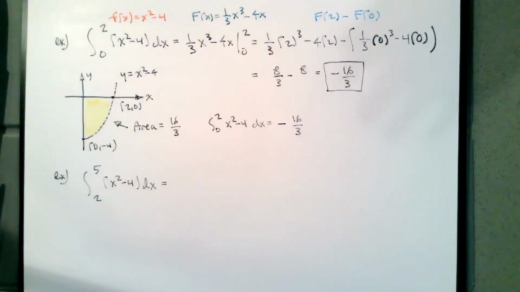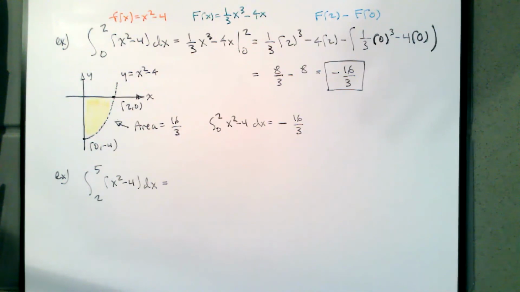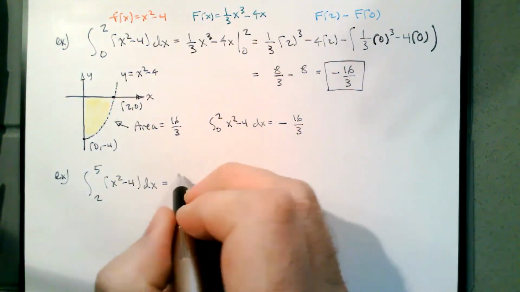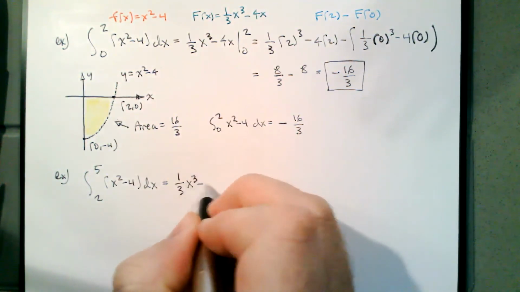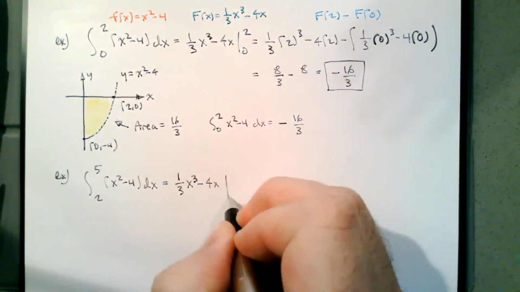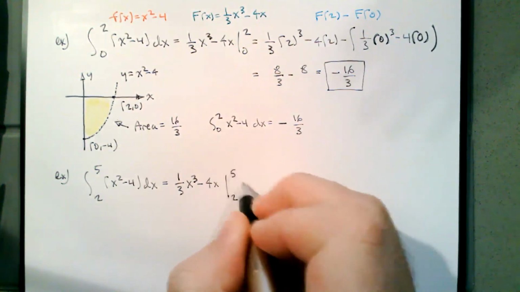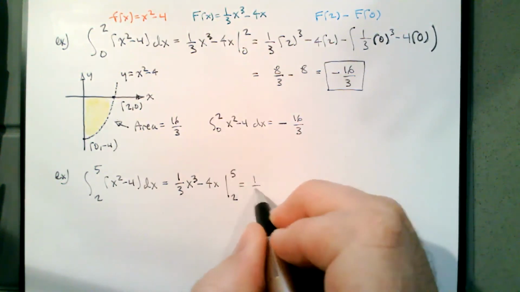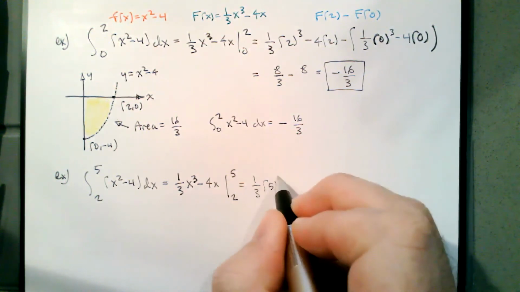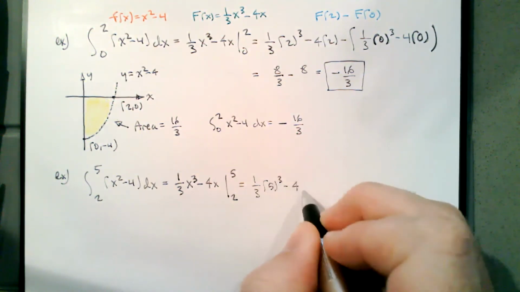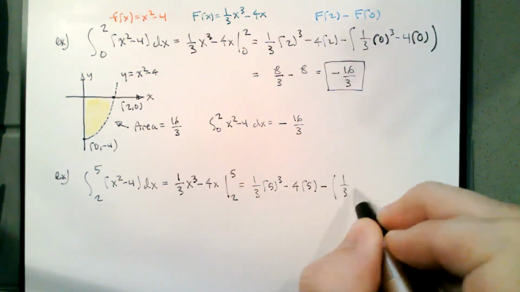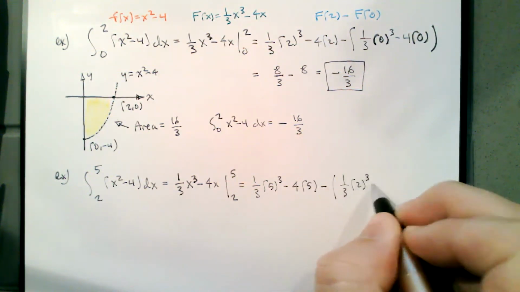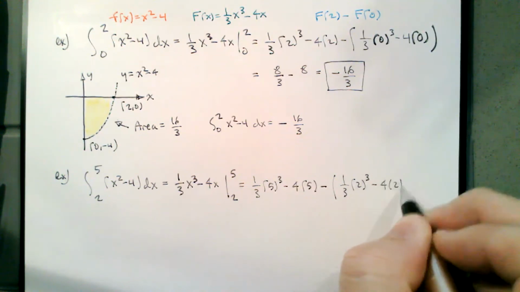Since we're using the same function, x squared minus 4, in our integral, we can use the same antiderivative, 1/3 x cubed minus 4x, but this time we'll evaluate from 2 to 5. So I'll do 1/3 of 5 cubed minus 4 times 5 minus 1/3 of 2 cubed minus 4 times 2.